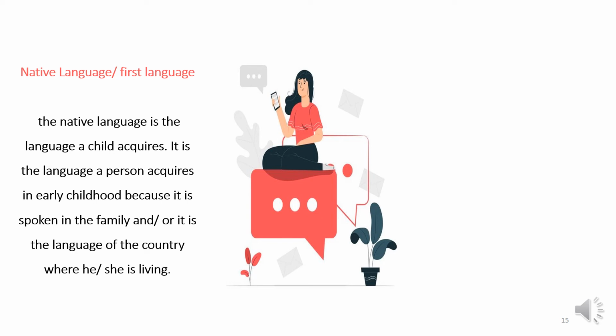Native language is the language a child acquires from his dad and mom. It is the first language that he acquired in early childhood because it is spoken in the family and sometimes in the country where he or she lives.